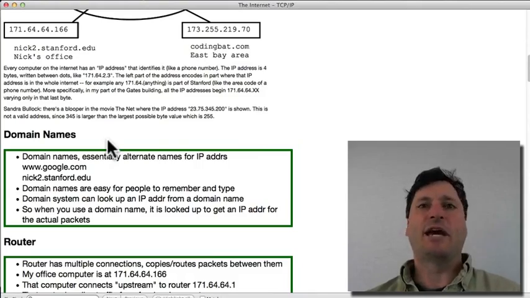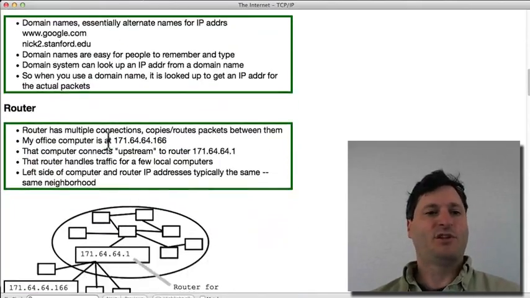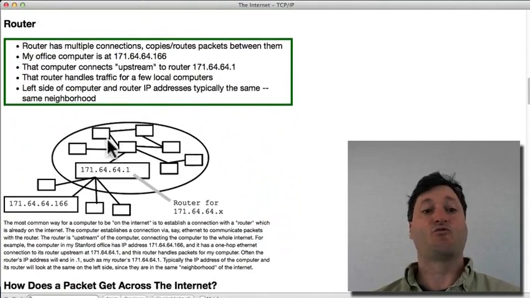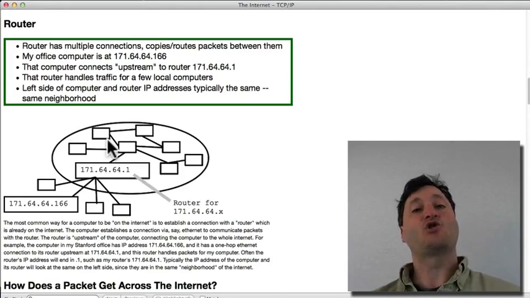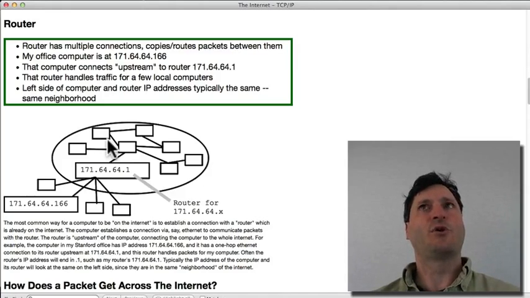So how does a packet get, how does any of this work? I need to introduce this character, the router. A router is a bit of networking equipment that's connected to 2 or more networks, and it basically shuffles packets back and forth. It can pick up a packet from one side and translate it over to another network. You can think of the internet as built up collectively by all these routers.